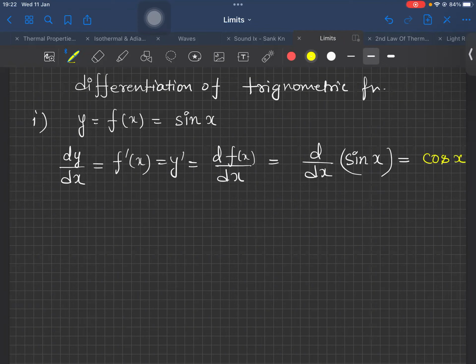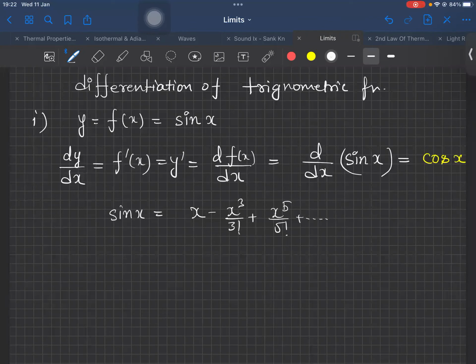Yes. So why is the differentiation of sine x equal to cos x? See, I have given you the expansion of sine x, remember? Sine x is equal to x minus x cube upon 3 factorial plus x to the power of 5 upon 5 factorial and so on.